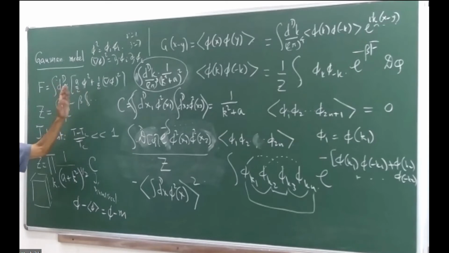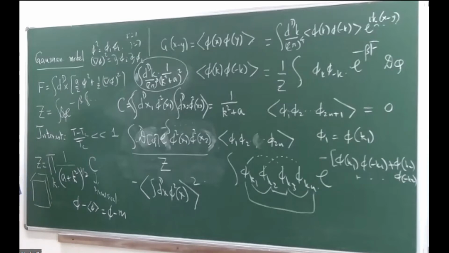I mean, the phi square plus grad phi square, and if I add a phi 4, is incapable of giving you an expectation value, right? So in that form, I cannot use it below TC.